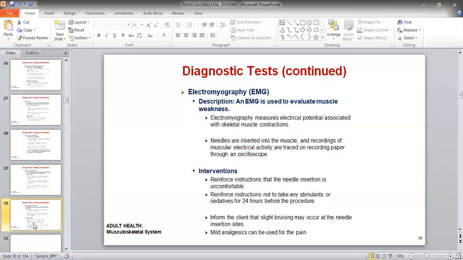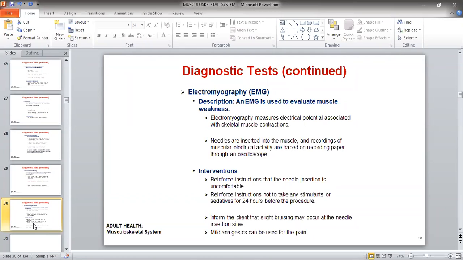Restricted. Also tell the client that slight bruising may occur at the needle site. So some redness, a little bit of sweating, pain or bruising, because local tissue gets disturbed. And also a mild analgesic can be prescribed for the patient.